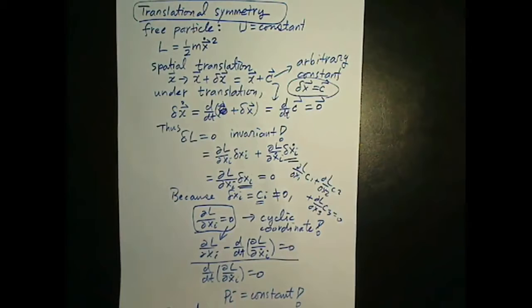In the last class we studied the Euler-Lagrange equation based on the action principle. The least action principle states that the equation of motion for a physical system can be derived if we minimize the action.